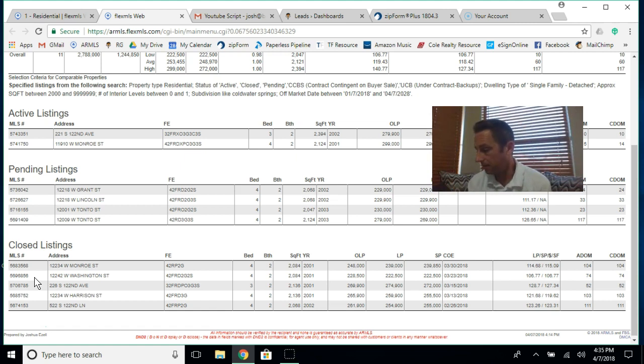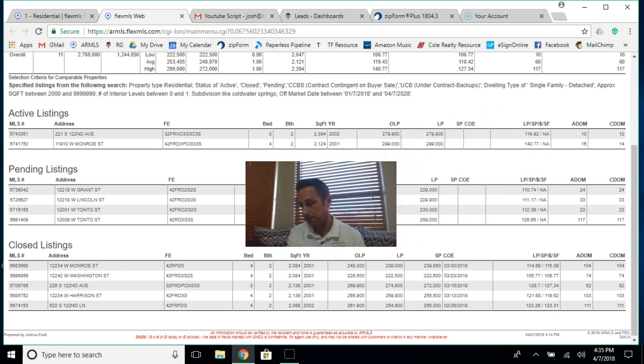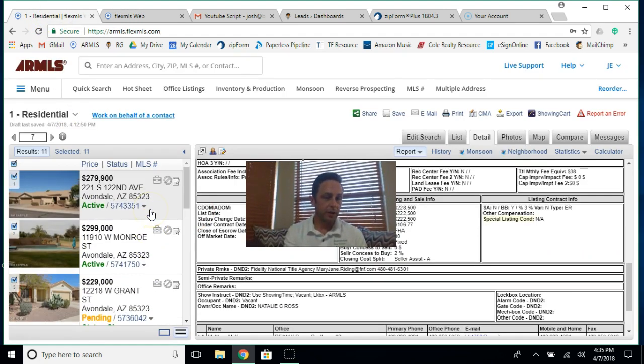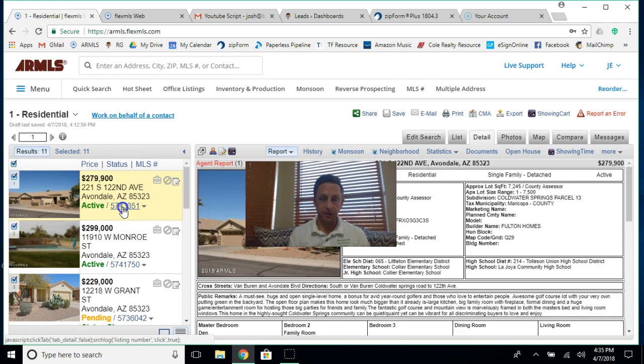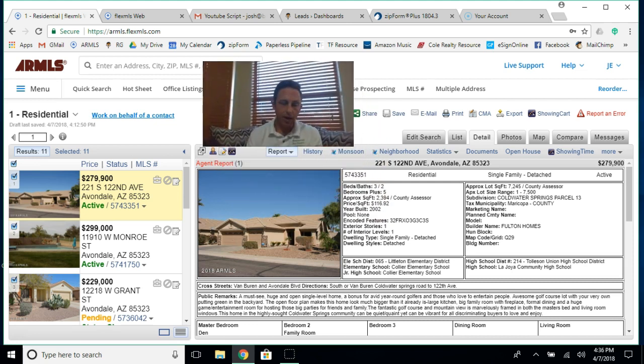Okay? Here we go. So now that we know the highs, lows, everything, this house that we are looking at on 122nd is priced at $279,900. If we wanted to, if we were going to be placing an offer, we would have gone into this home and known the condition of it right off the bat.